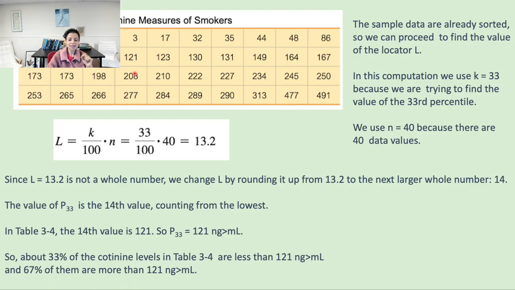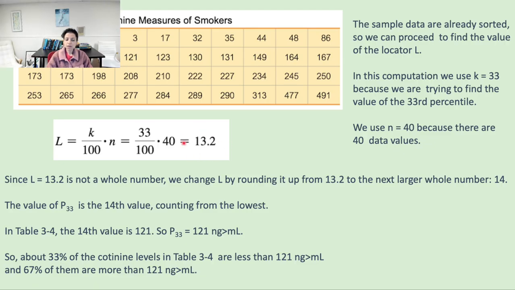So that means that 33% of these codeine levels were below 121 and 67% were above 121. Okay. So because L was 13.2, we rounded to 14 and we looked for our 14th position, and that was our 33rd percentile.